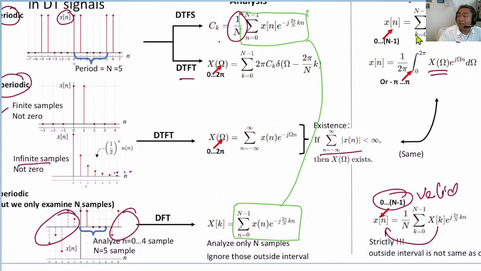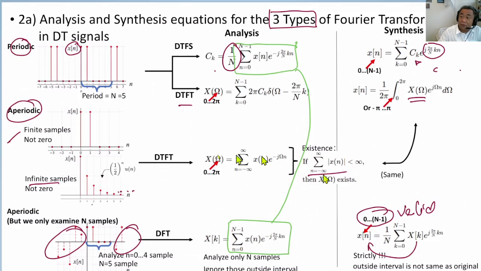This is unlike the DTFS synthesis equation. When we reconstruct, we can reconstruct at different cycles as well for the n that is outside the first fundamental period. Okay, so these are the 6 equations of the Fourier transform of discrete time. You must memorize this, and you can use the different analysis equations for different types of signal.